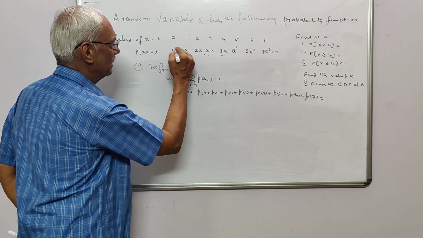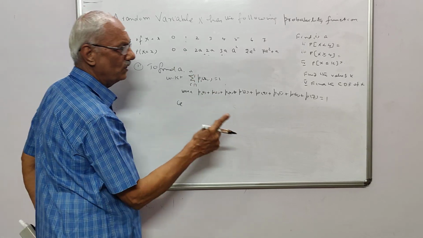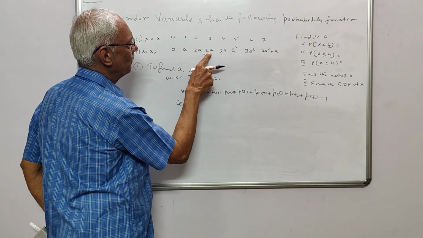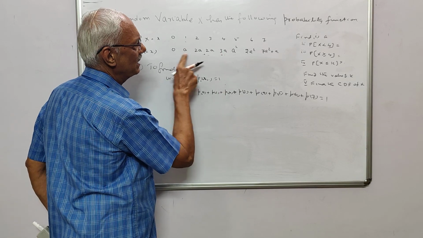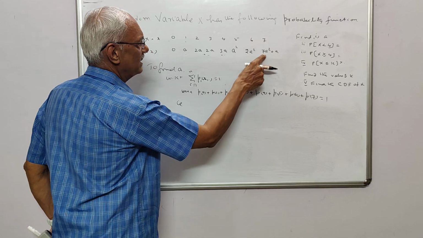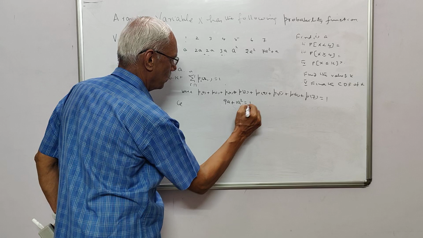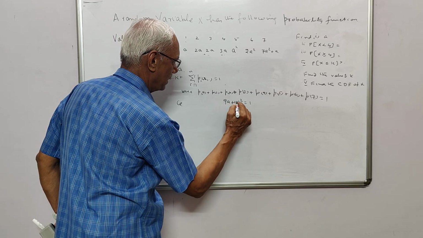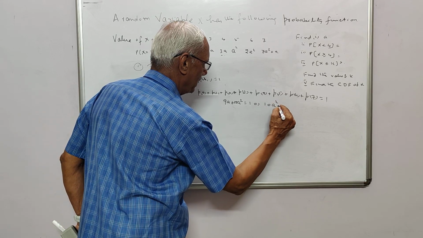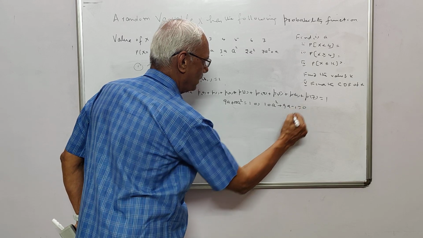Now you substitute the values here. I don't want to waste my time on this, because you can understand: 2, 4, 7, 8, 8 plus 1 is 9. So 9a, plus 7 plus 2 is 3, 3 plus 10 is 10a squared. So this implies 10a squared plus 9a minus 1 is equal to 0.